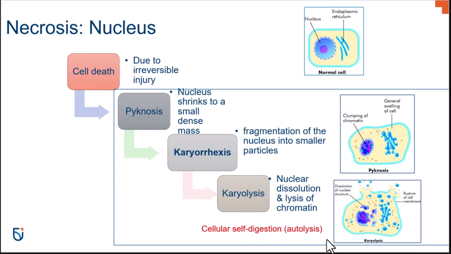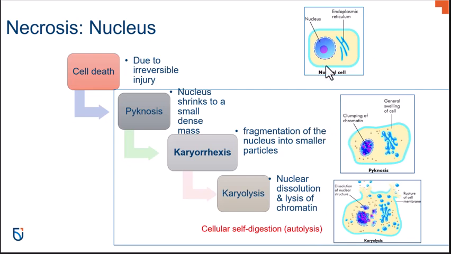Here's the term autolysis I mentioned earlier. I had said that necrosis was the sum of cellular changes that occur after local death, and the process of cellular digestion, which is known as autolysis or autodigestion.